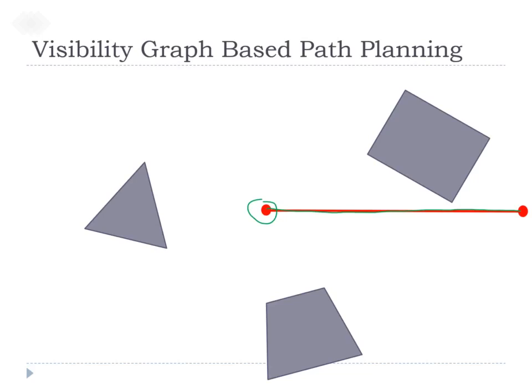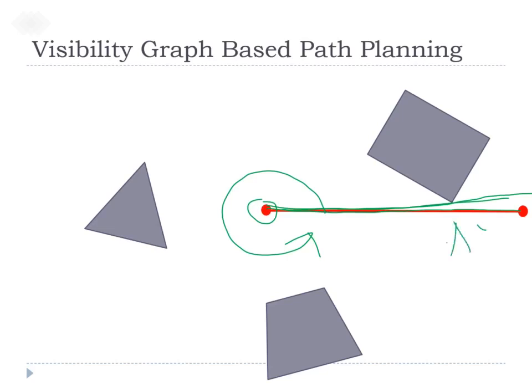When we rotate in this direction, there will be a point or a direction when you will find that the line of sight hits this obstacle vertex.